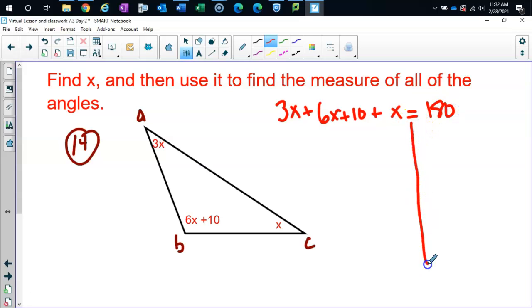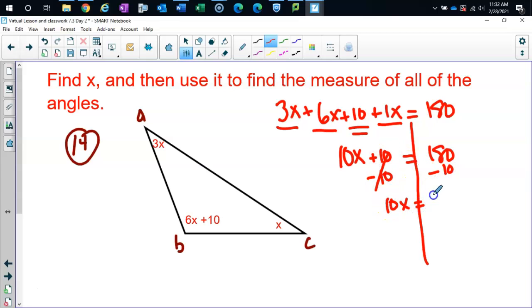Because remember, all the angles in a triangle add up to 180. Now, here we go. Combine like terms. 3x plus 6x plus x. Remember, that's 1x is 10x. We don't have anything to add to 10, so plus 10 equals 180. Solve this. We subtract 10 from both sides.